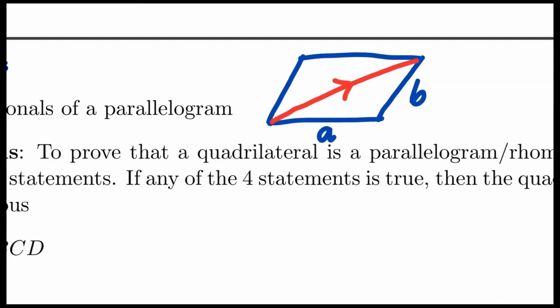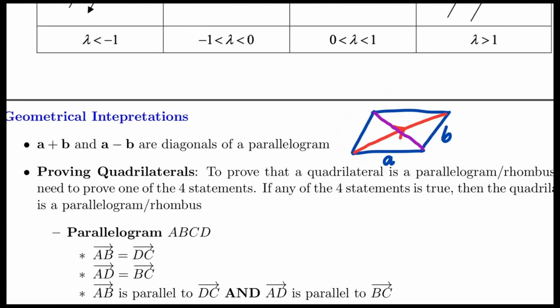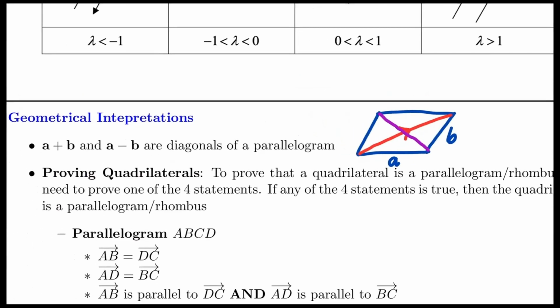That's why A plus B is the diagonal. The other direction, this way, is your A minus B or B minus A. So if you see questions asking for the geometrical interpretation of your vector, sometimes we'll be talking about parallelograms. On certain occasions, they will ask you whether it is scalar, parallel, or whatever. Understood?